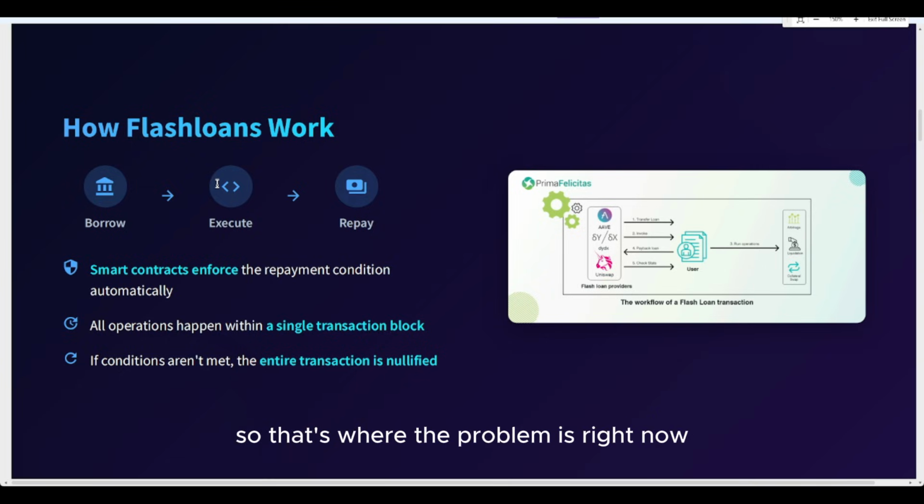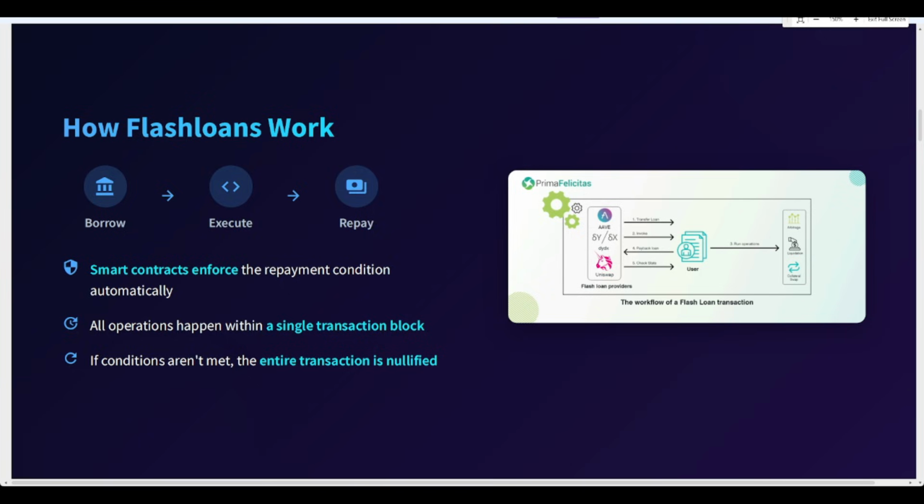Smart contracts enforce the repayment condition automatically, which means that if your flash loan arbitrage isn't profitable, you won't get the loan and you won't pay the transaction cost. So the risk is really very low.